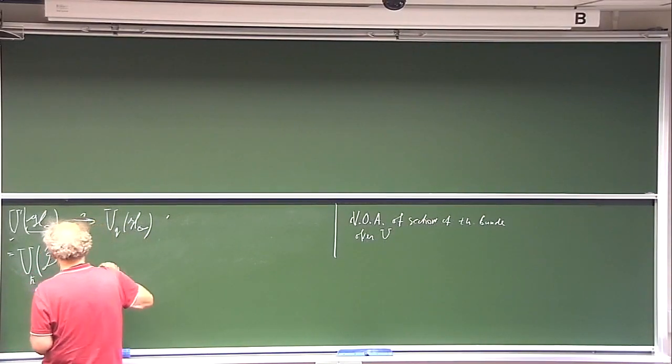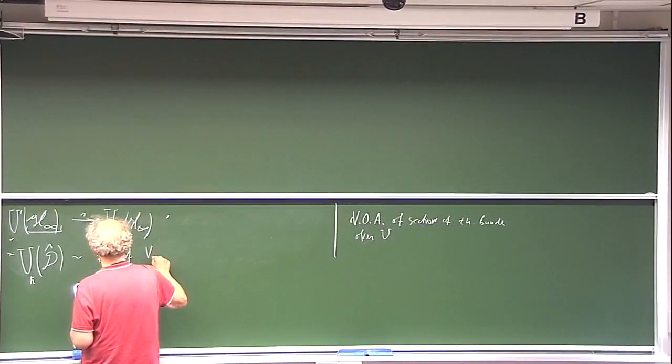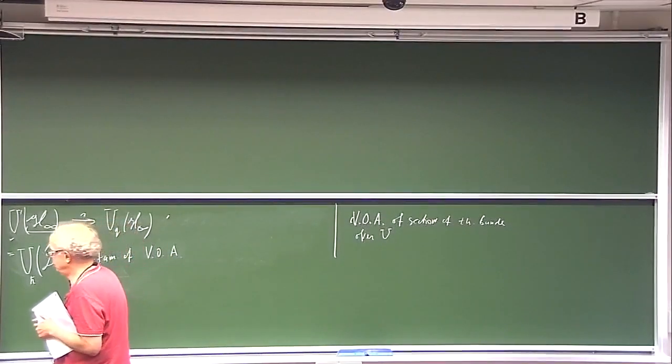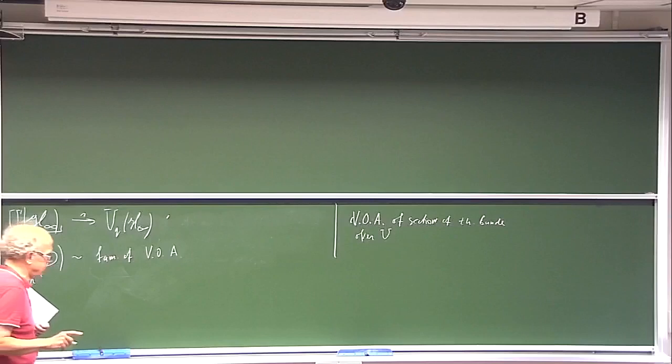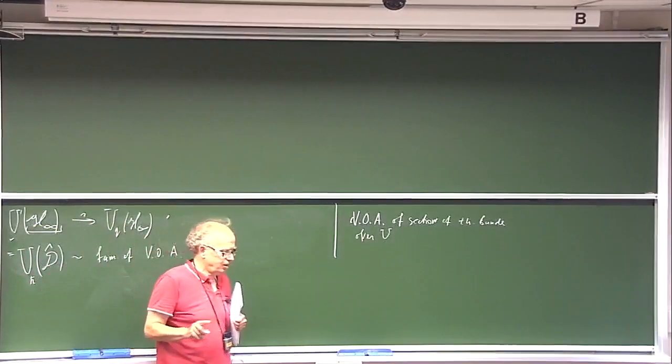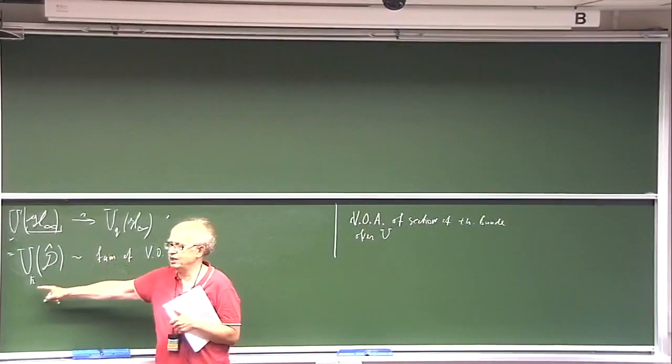So this is a family of vertex operator algebras, and actually, no, it is not q. It is not a q-vertex operator algebra at all. In order not to connect it with that business, I replace q by h here.